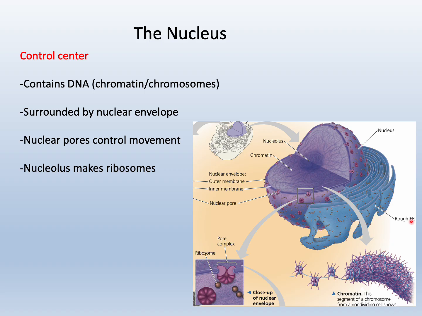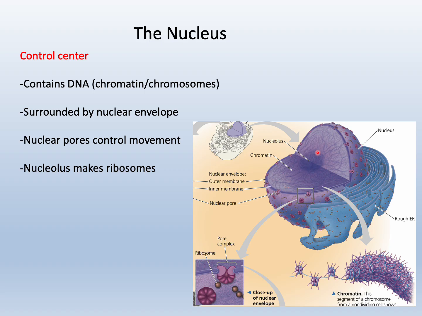As you see here, this wound up structure is surrounded by a nuclear envelope. It's right here. And it has an outer membrane and an inner membrane. The nuclear pores, which are these reddish purple dots you see here that kind of look like flowers.